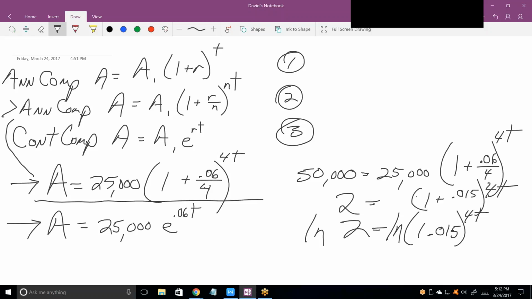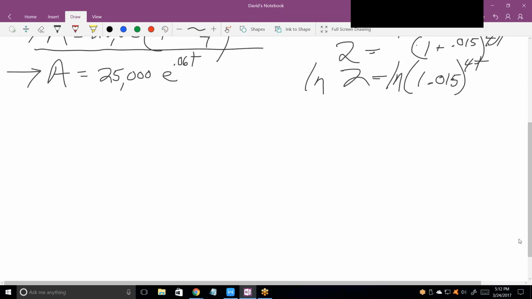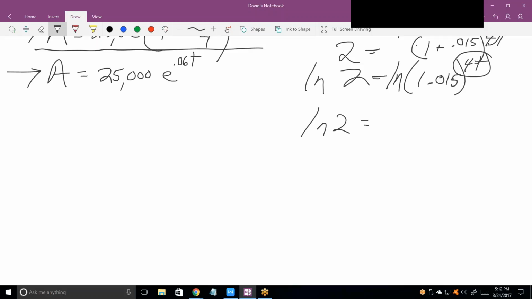Now, once I've put it into a logarithm equation, that allows me to use the rules of logs to bring this variable here, 4t, down on the algebra line, like this.